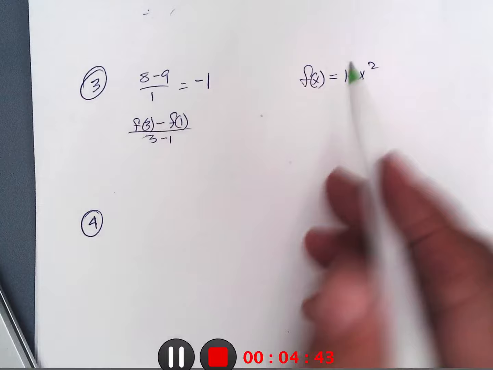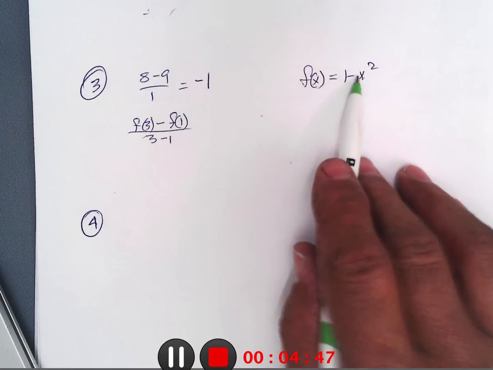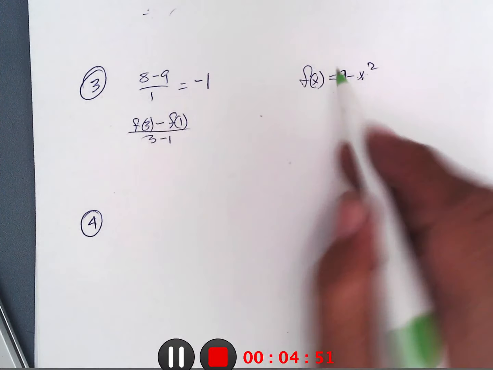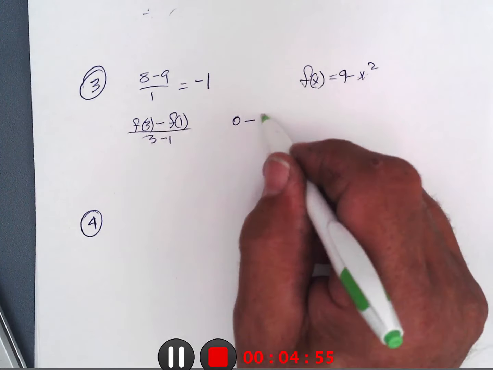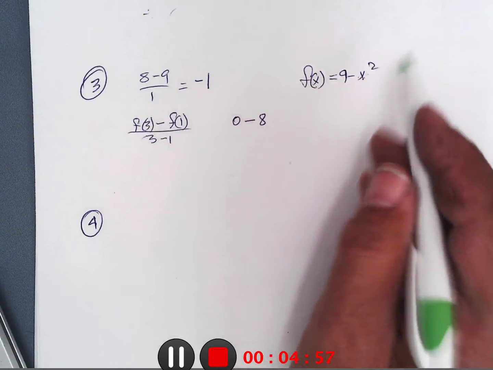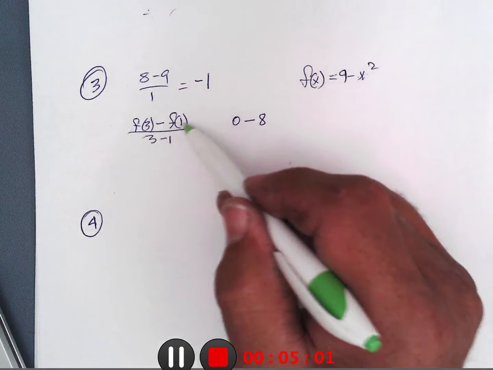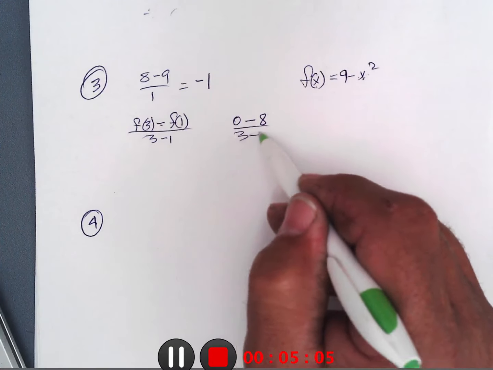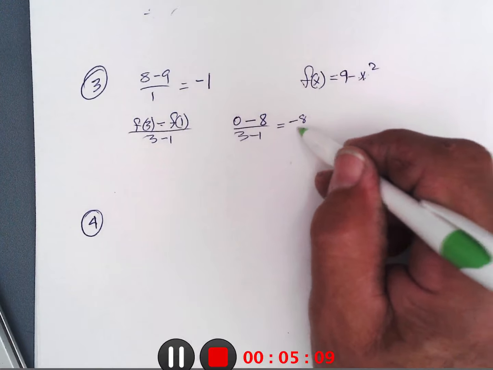I put 3 in here, 9 minus 9 is 0, and I put 1 in here, I get 9 minus 1, which is 8. So 0 minus 8 over 3 minus 1, which is minus 8 over 2, which is negative 4.